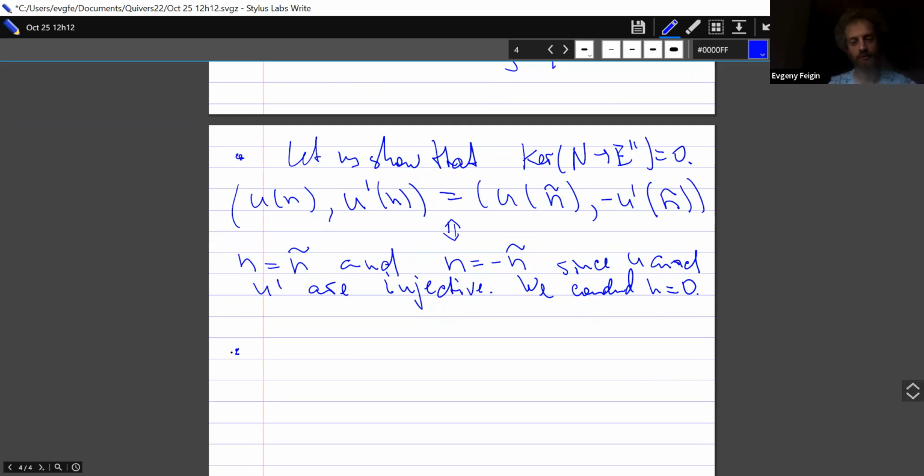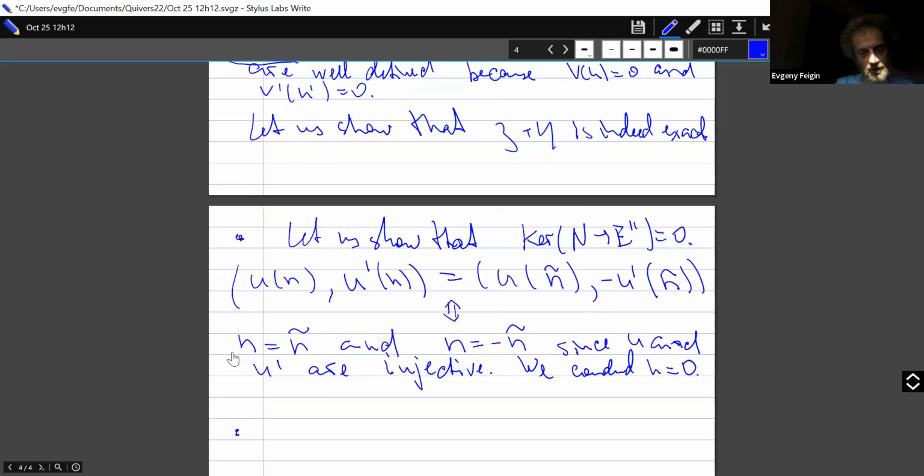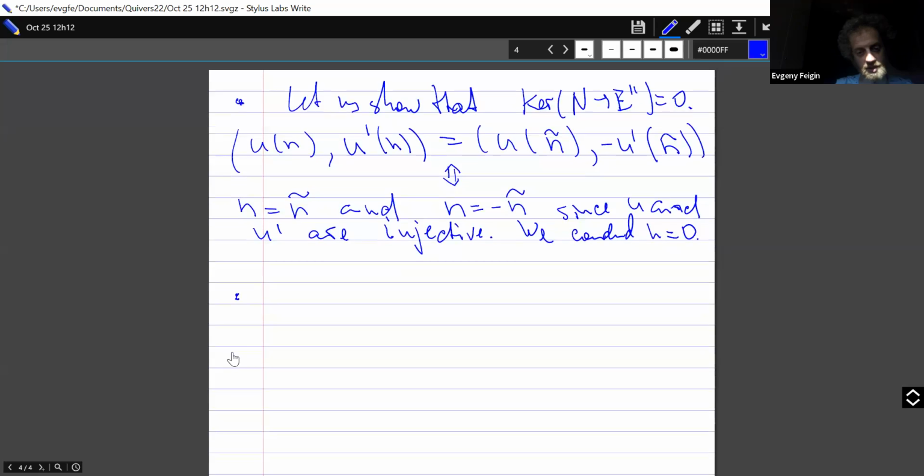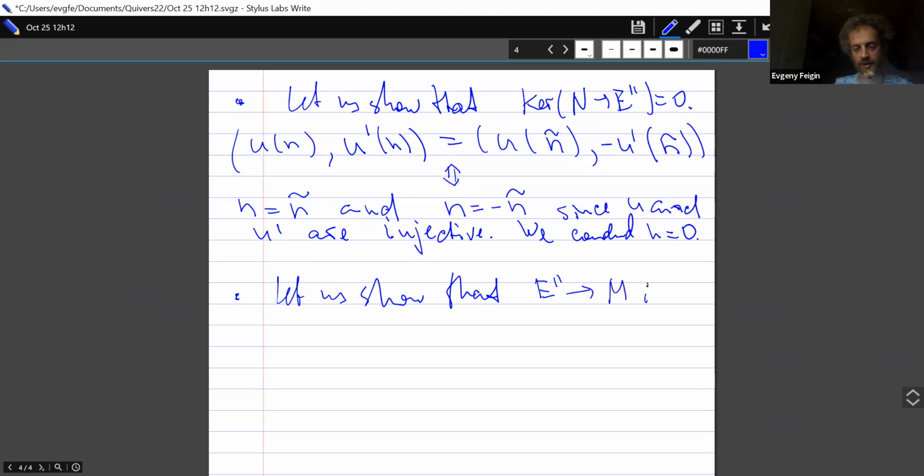And now the second, also more or less obvious thing. So let us show that the map E double prime to M is surjective. Well, can you explain to me why?